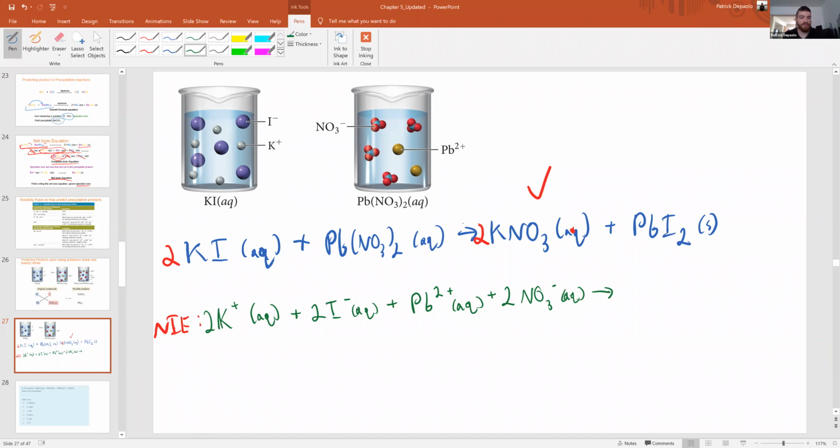All right, next. The thickness of this marker keeps changing. All right, so next, the right side will be over here. KNO3 we know is the soluble part, 2 K plus aq plus 2 NO3 minus aq.